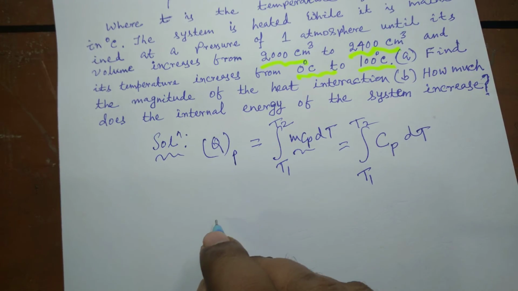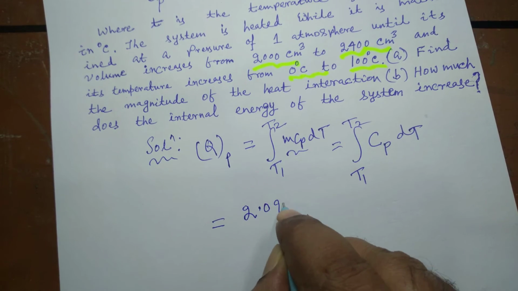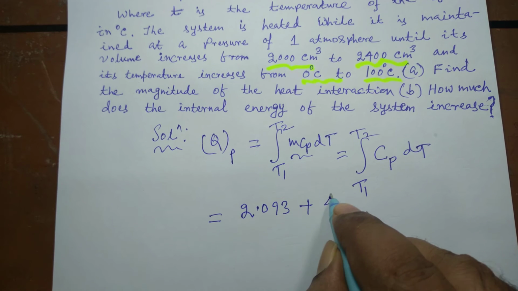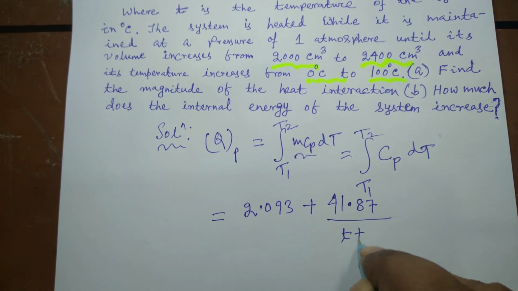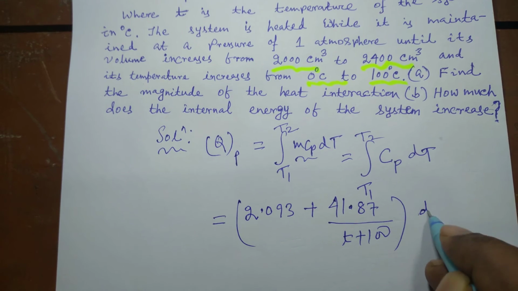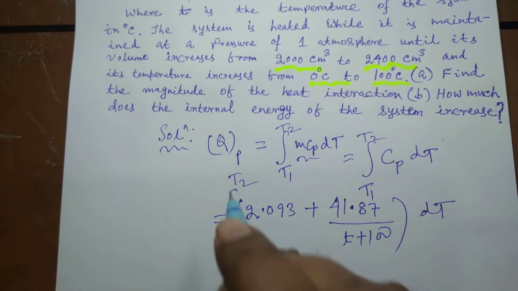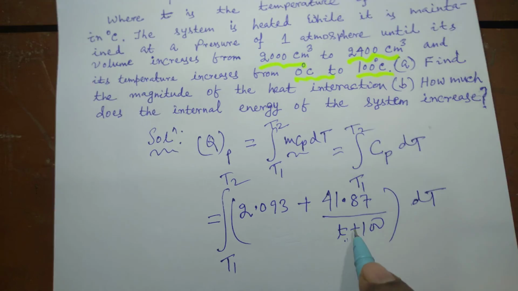So this is equal to, Cp is given to be this one, 2.093. Of course the unit is in terms of joule, not kilojoule. Plus 41.87 divided by t plus 100, dt. But first we have to convert this into absolute temperature, then only we can integrate.